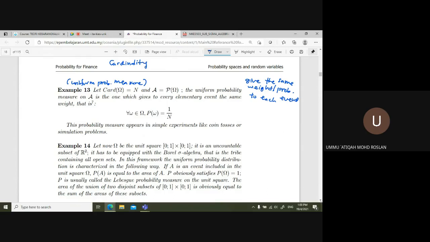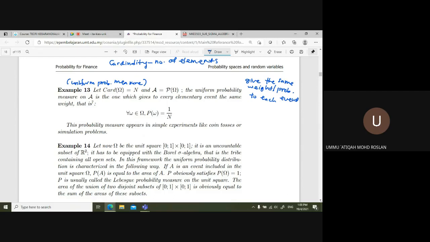Cardinality here means the number of elements, or sometimes the length.